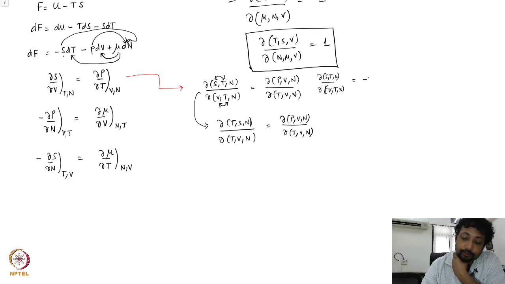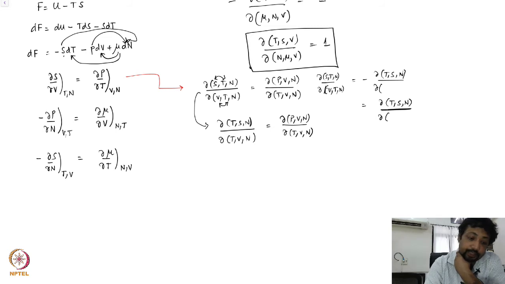is equal to minus del of T S N, and I have del of T, V and N, which is equal to del of T, S, N, and I will interchange V and T in the denominator to write it as, this was VTN.